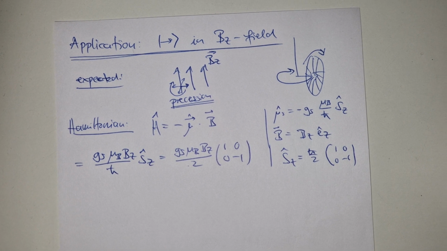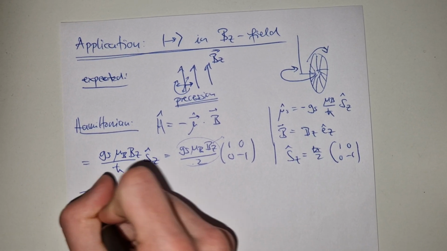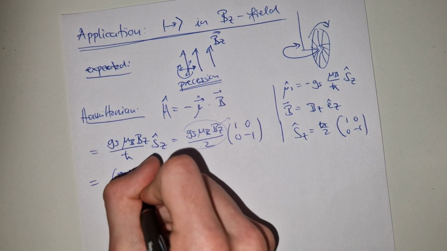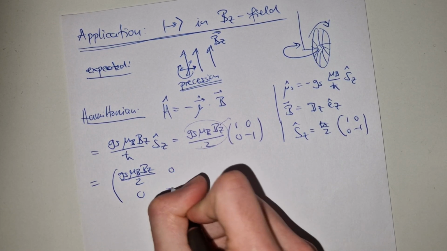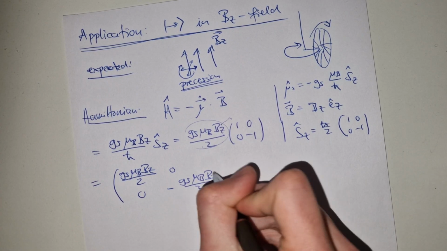And one last step to simplify this is to pull these coefficients into the matrix. So the Hamiltonian is given by G factor Bohr magneton magnetic field divided by 2, 0, 0, and minus G factor Bohr magneton magnetic field divided by 2.